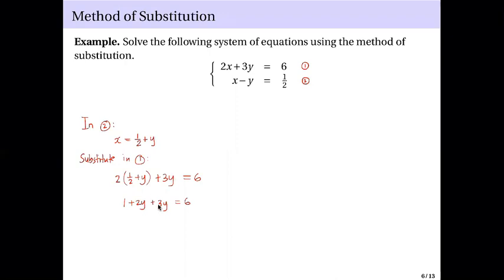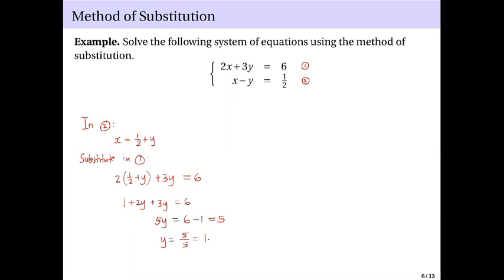Here you have 2y plus 3y, we will get 5y. And then we have here 6, and this 1 here we put on the other side of the equation, so we have minus 1. And 6 minus 1 is 5. And therefore our y is equal to 5 over 5, and this is equal to 1.